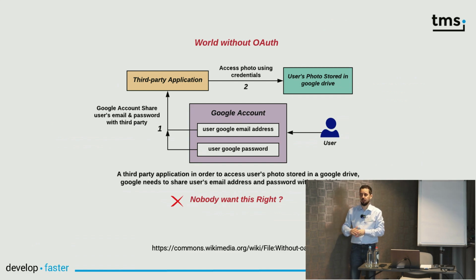You had to give your Dropbox username and password to that application. This application has this feature: okay, I can connect to a Dropbox account. In the configuration, give me your Dropbox username and password, and I connect to Dropbox. That's what it was before.